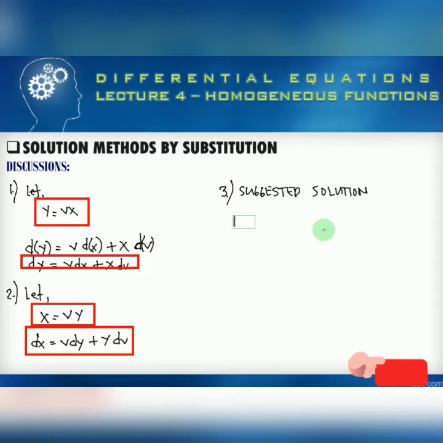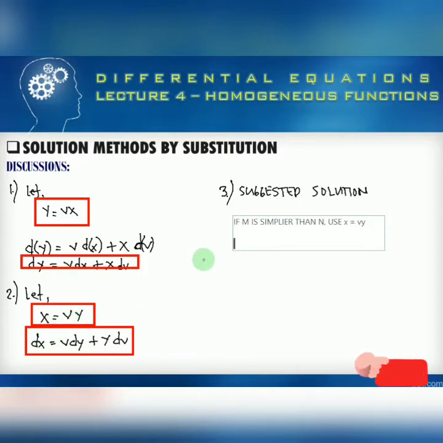If m is simpler than n, you use x equal to by. Again, if m is simpler than n, you use this x equal to by.